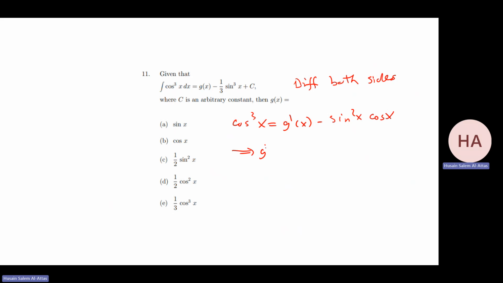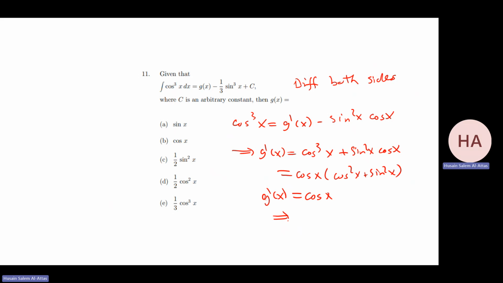So it means g prime would be cosine cubed plus sine square cosine x. Can take cosine x common factor. I have cosine square plus sine square, which is 1. So that's cosine x. G prime equal cosine x. So possible g is integral of cosine, which is sine x, which is this.